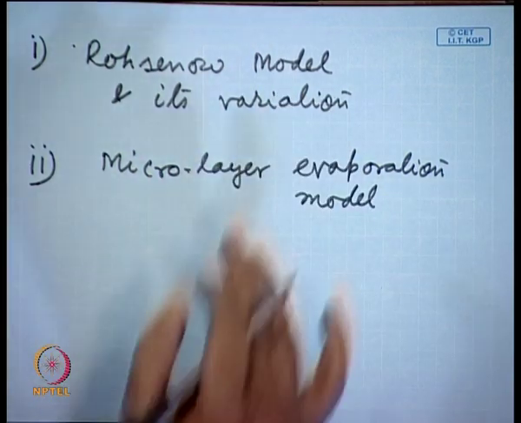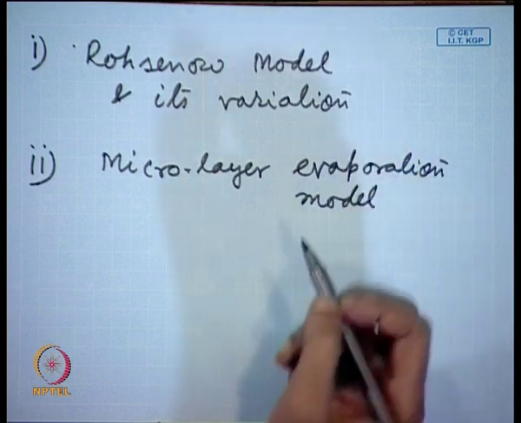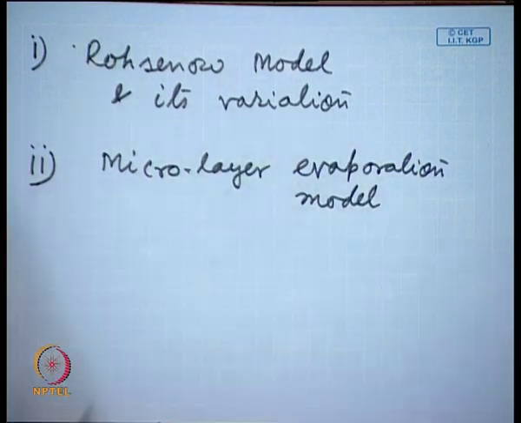Again, if we make a comparison between these two models, the Rosenhow model is much simpler. The micro layer evaporation model involves a number of steps, but even then it is good.